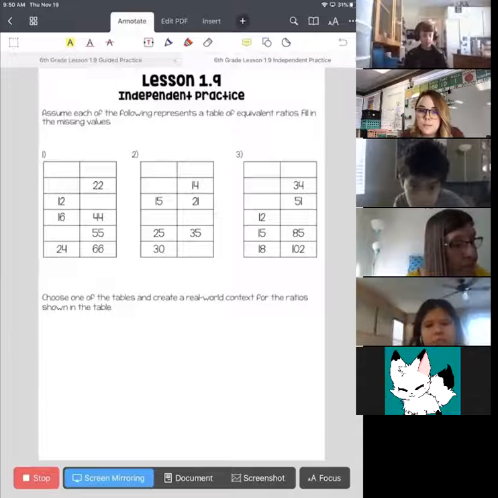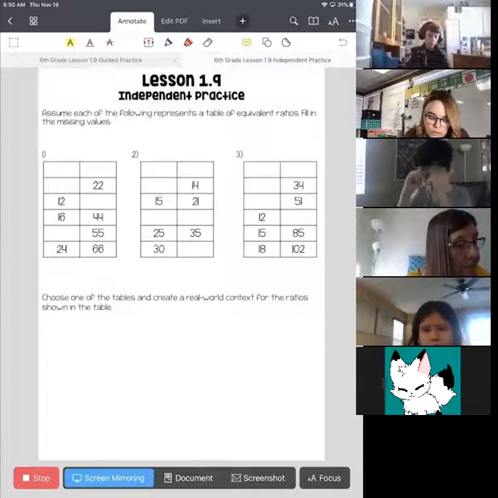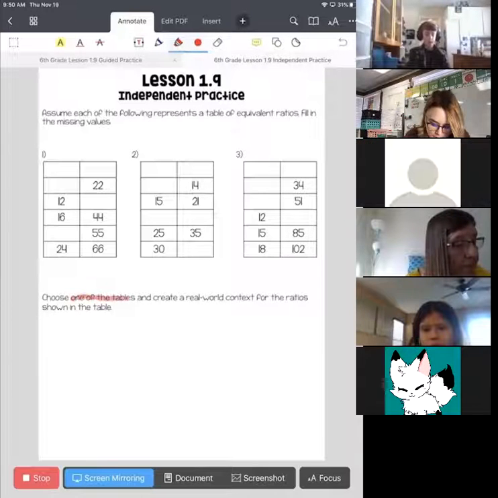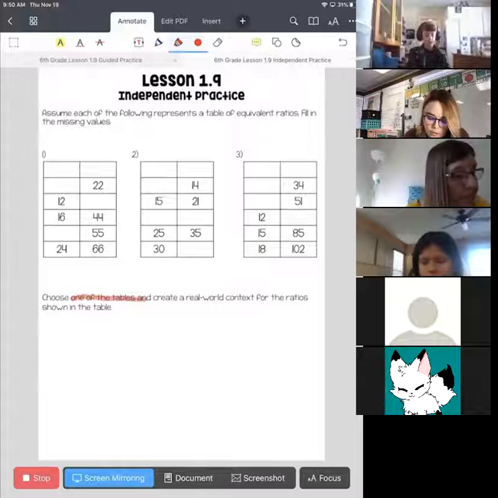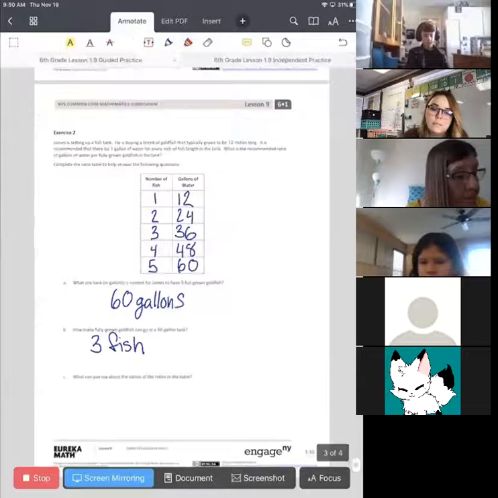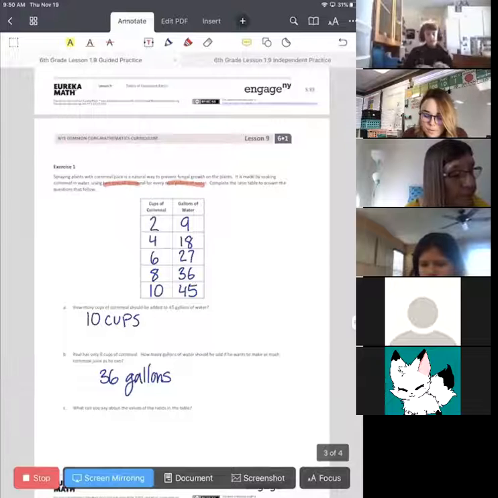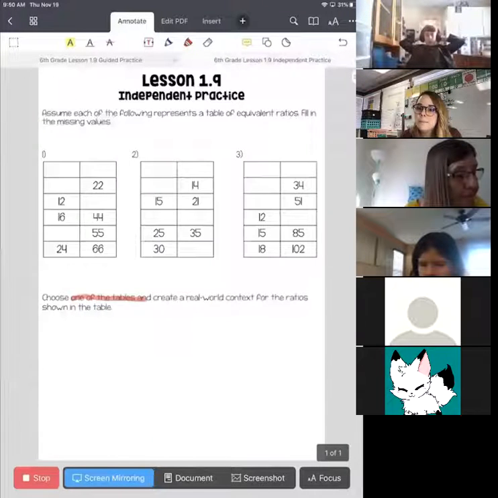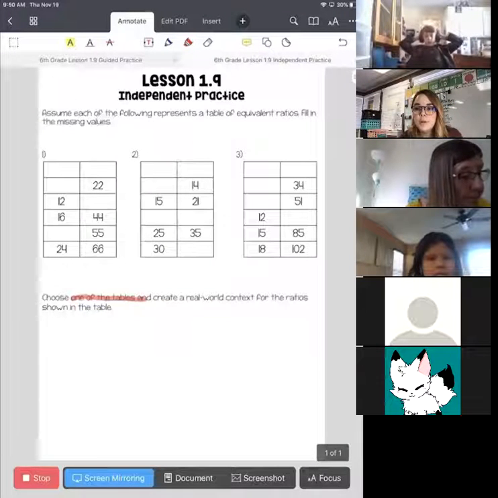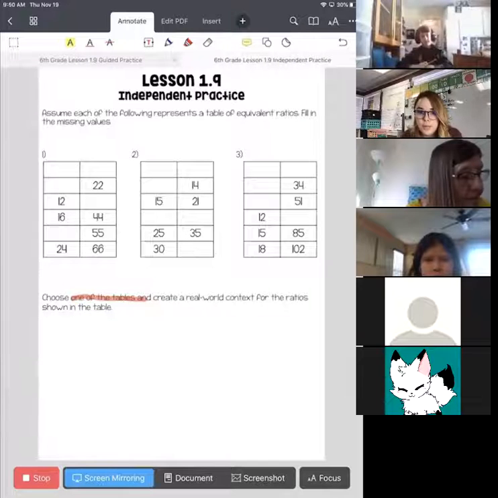And then you need to choose one of the tables and create a real world context for the ratios that are being shown. So for example, you could have fish tanks, or you could use a recipe or something like that, okay? You're gonna make up your own kind of real world scenario where you might need this ratio table.